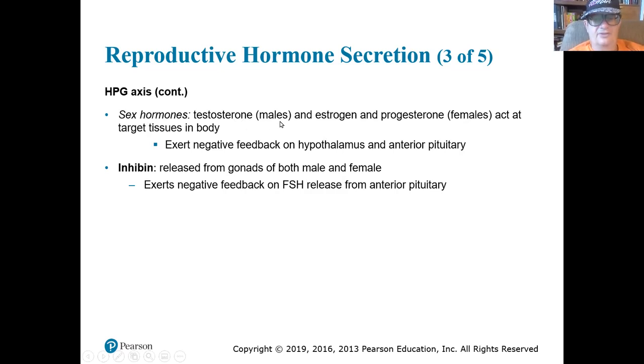So if we have enough testosterone, or enough progesterone, we send a signal to the hypothalamus and the anterior pituitary saying, stop that, we have enough. That's what a negative feedback loop does. Inhibin is released from the gonads of both males and females, and it has a negative feedback on follicle stimulating hormone in the anterior pituitary.